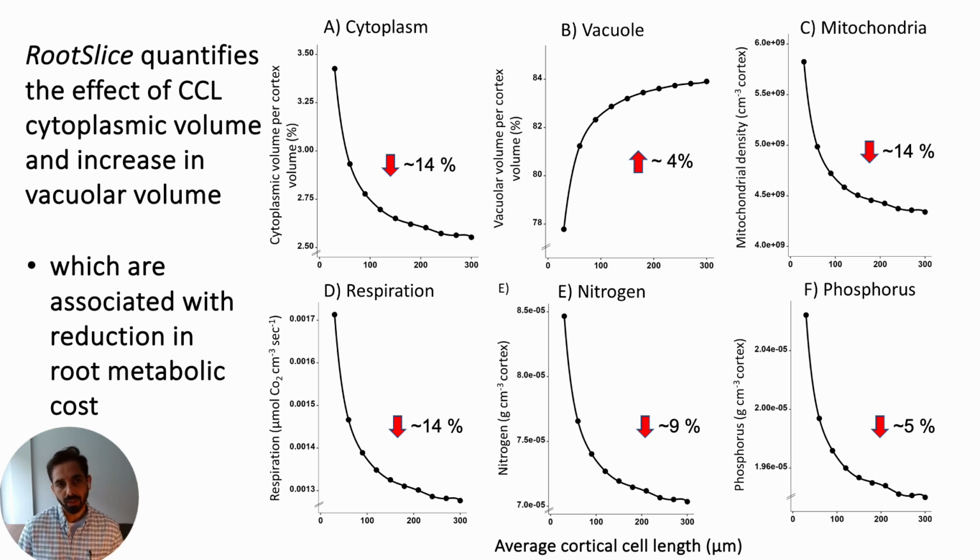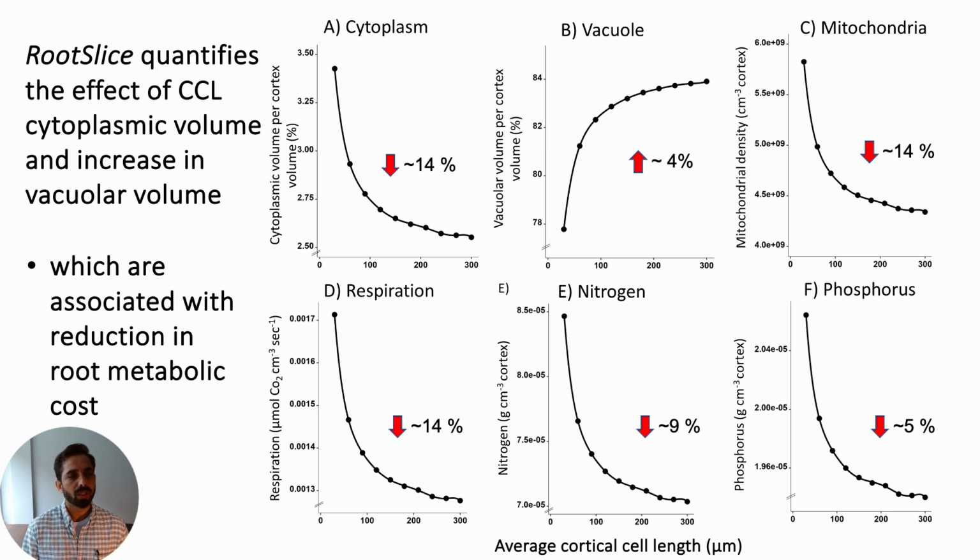However, the point to be noted is that this percentage decrease in cytoplasm and increase in vacuole content is much smaller compared to what we have for cortical cell diameter. And that's because of the geometry. With length, you're increasing linearly. With diameter, you are increasing with the power of 2.